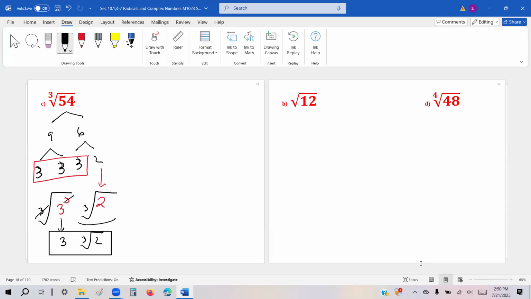But how do you fold? You're looking for the same number 4 times, right? Fourth root. Why do you use the square root? Fourth root means you're looking for the same number 4 times.